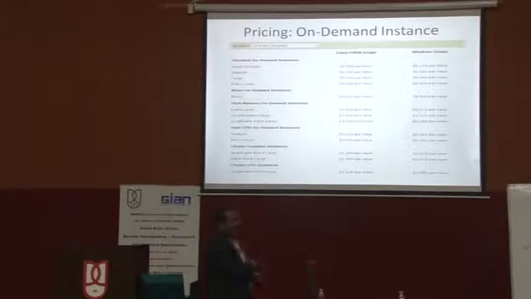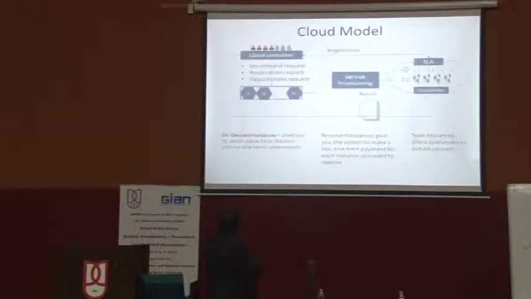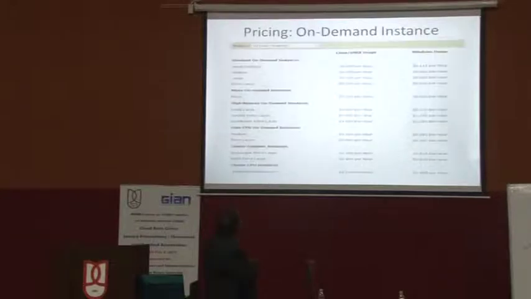Okay, first, these are some prices. Now, remember we said there are three of them, right? Three different plannings that they provide. This one is on demand. This is Amazon, okay? As you can see, it's divided into different sizes. You can rent the whole cluster computing instance. So you can say, I need certain GPUs, CPUs, whatever you want, and I will pay.